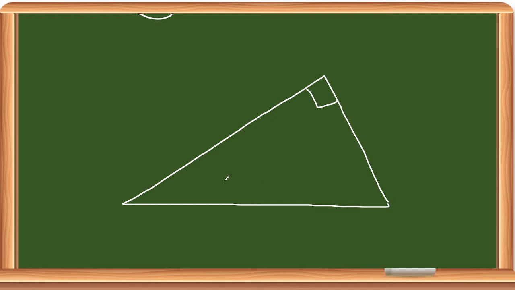Okay, so we have here right triangle, and let's label this as ABC, triangle ABC. Right triangle ABC, right angled at C. Okay, so angle C is the right angle here.